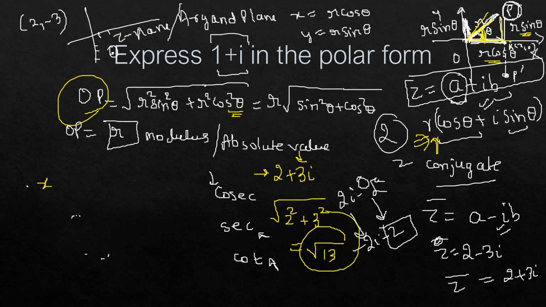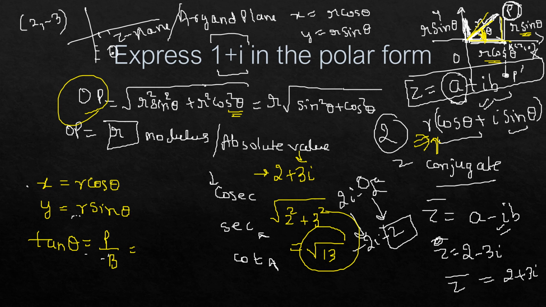We have x as r cos theta, y as r sine theta. Okay? If I have to find out theta, that can be considered as tan theta, which we know is perpendicular upon base.